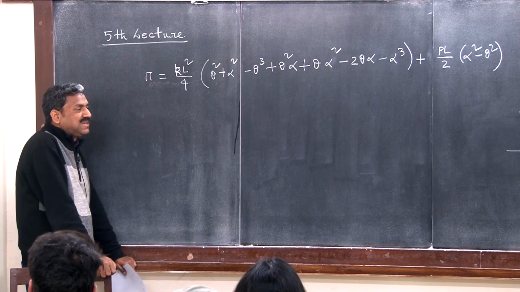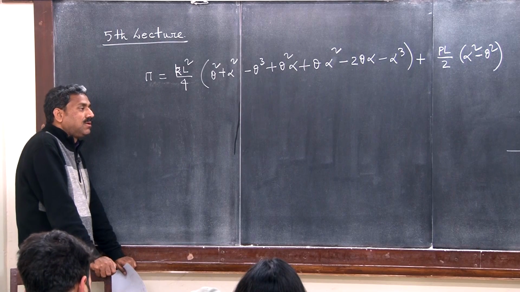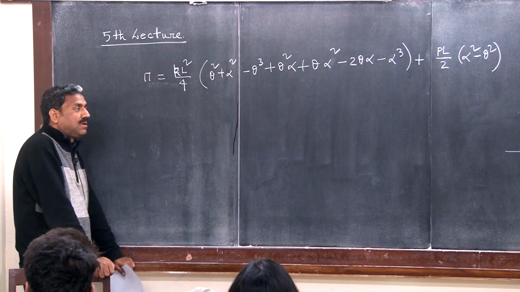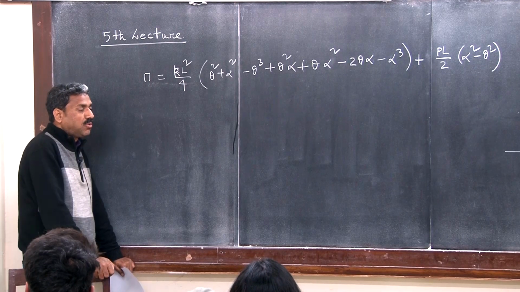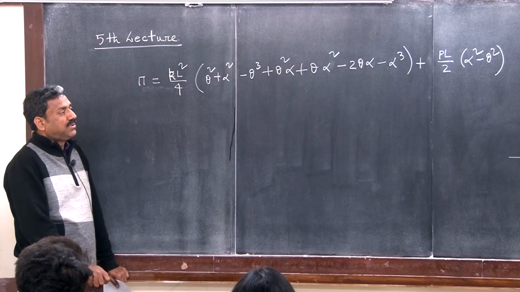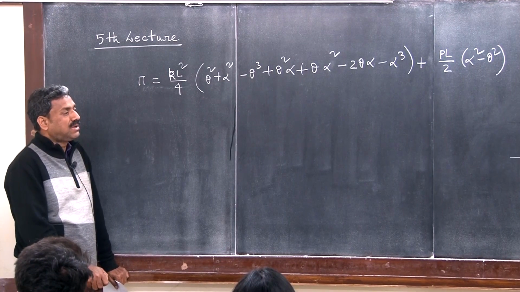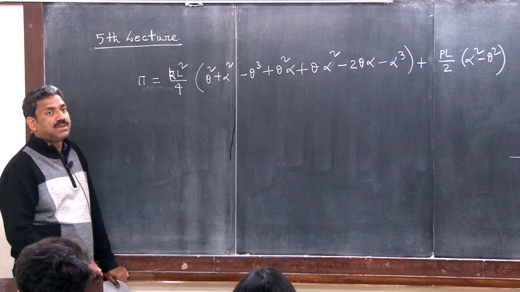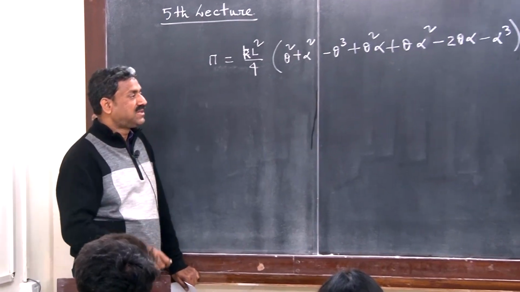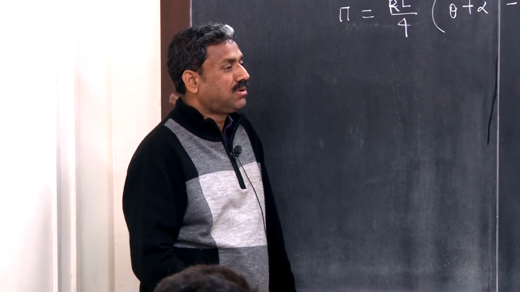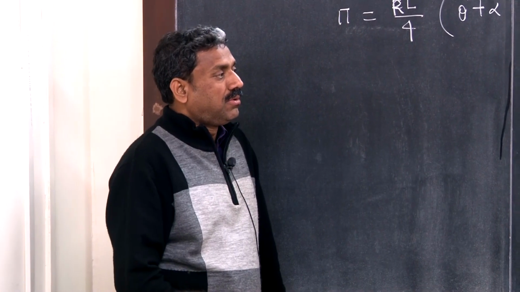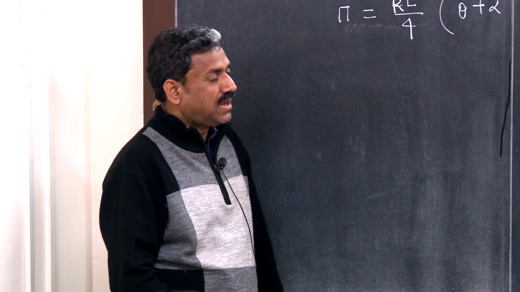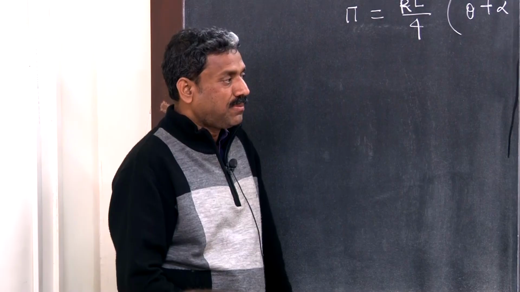Basically the restoring force varies differently for positive theta and negative theta, because the lever arm, when you are taking the restoring moment, depends on the magnitude of theta. For positive theta, that means clockwise theta, it will be less; for anti-clockwise theta, it will be more. So, depending on the value of theta, it will show stable or unstable behavior.